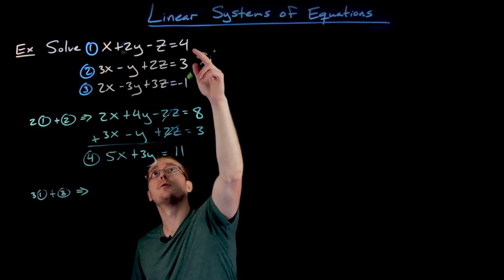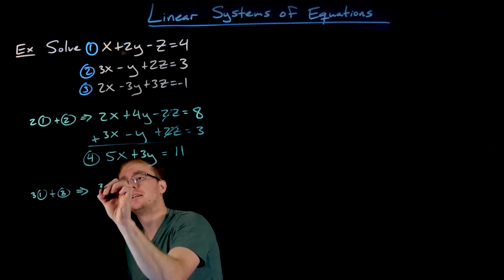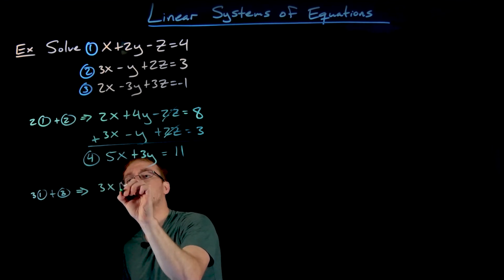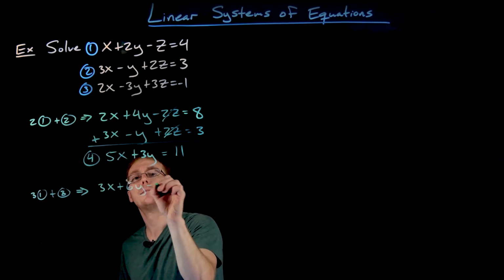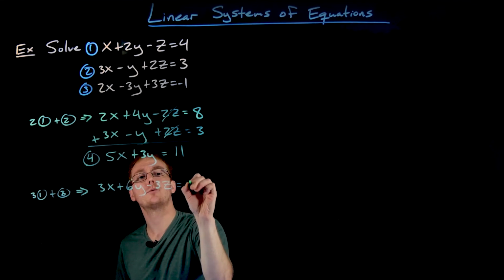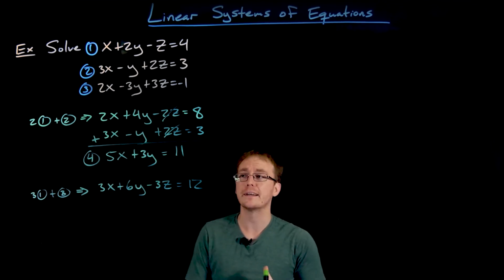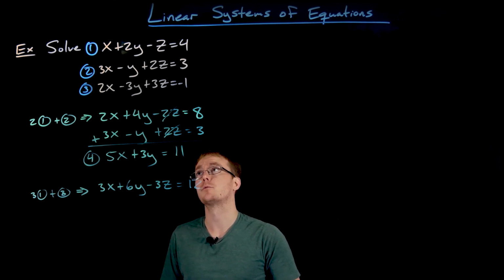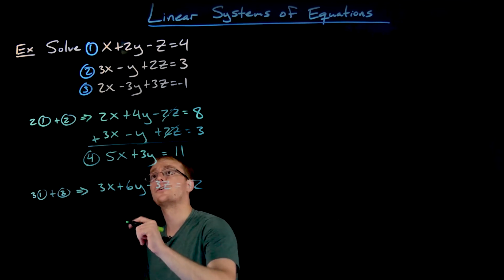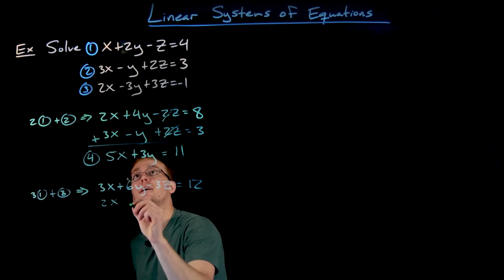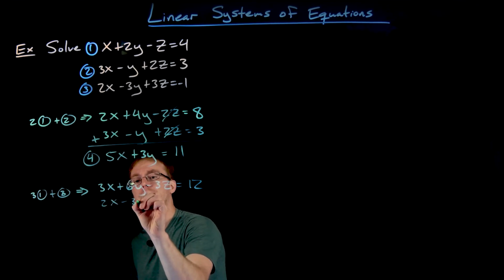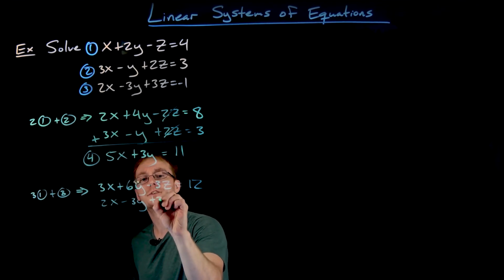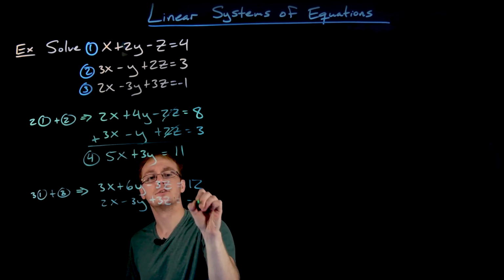Multiplying our first equation by 3 turns it into 3x plus 6y minus 3z is equal to 12. Don't forget to multiply the right-hand side. It's probably the most common mistake I see when looking at people's work on these problems. And then our third equation, just copying that down, we got 2x minus 3y plus 3z is equal to -1.